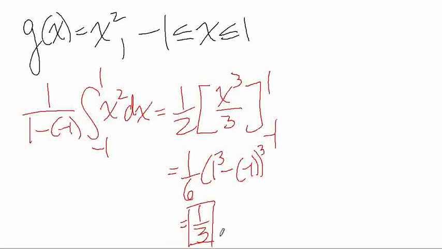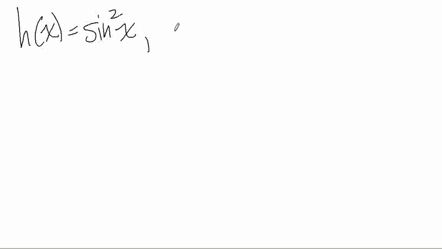Okay, now I'm going to show you a hopefully somewhat interesting example involving a trig identity. And we'll close with this one. Suppose you wanted to calculate the average of h of x equal to sine squared x with respect to x values between 0 and pi.